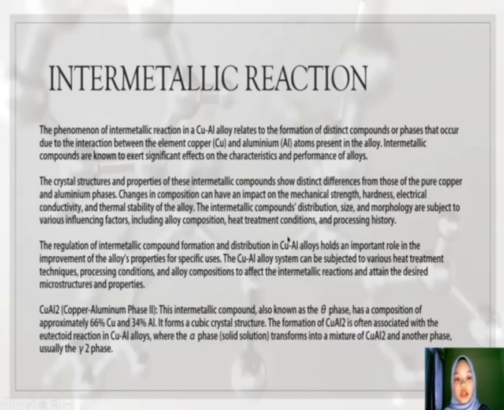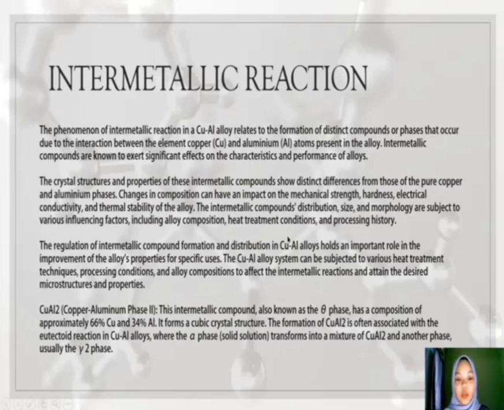So the intermediate reaction relates to the formation of distinct compounds or phases that occur due to interaction between copper and aluminum present in the alloy. These intermediate compounds are known to exert significant effects on the characteristics and performance of the alloy. The crystal structure and properties of these compounds show distinct differences from those of the pure copper and aluminum phases.